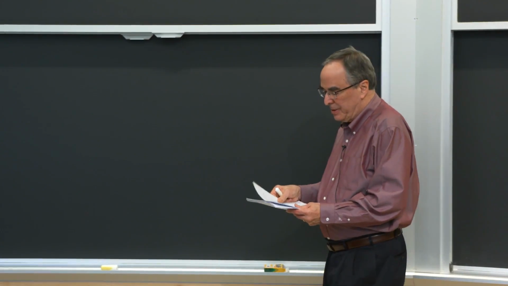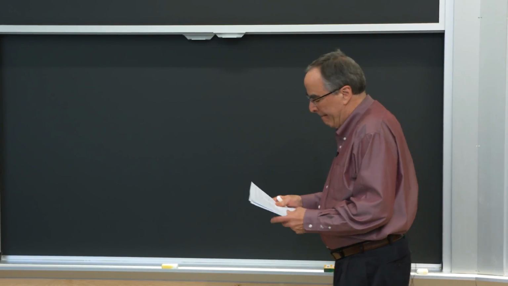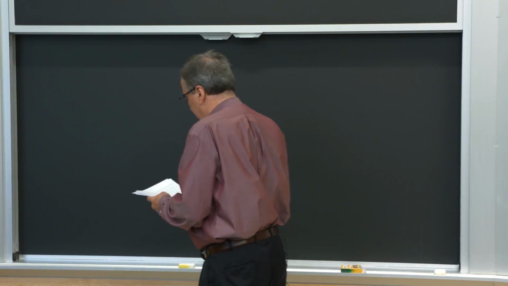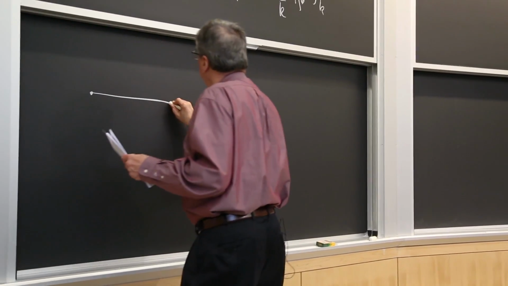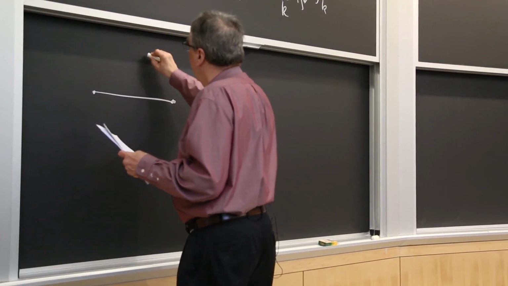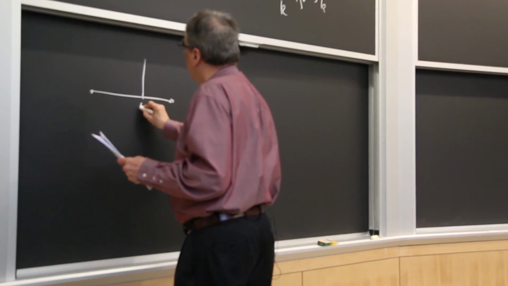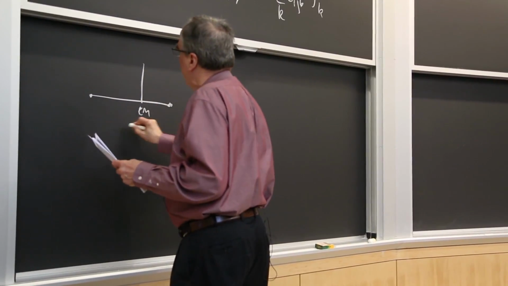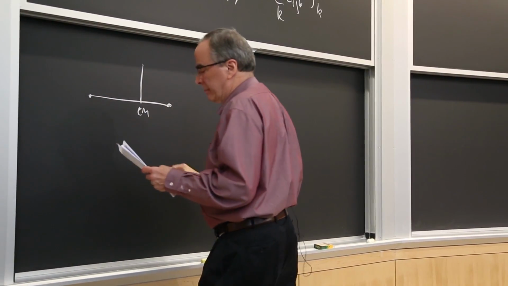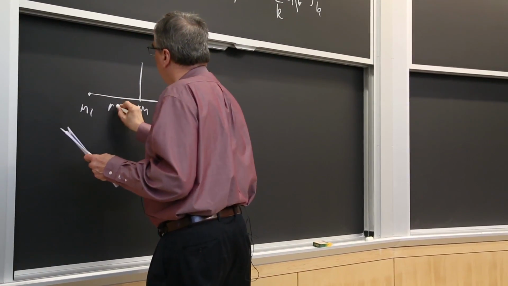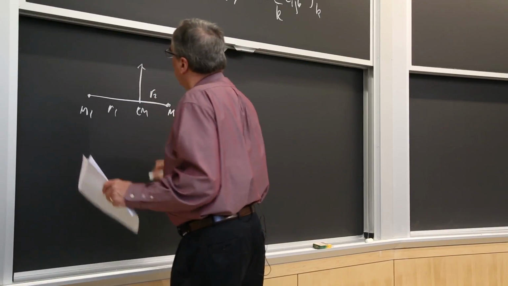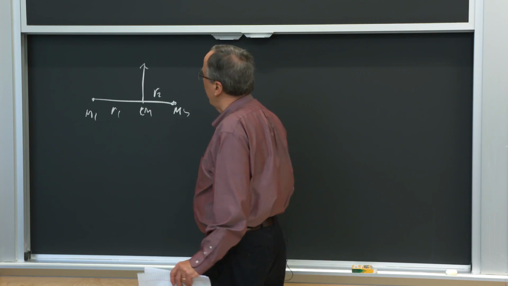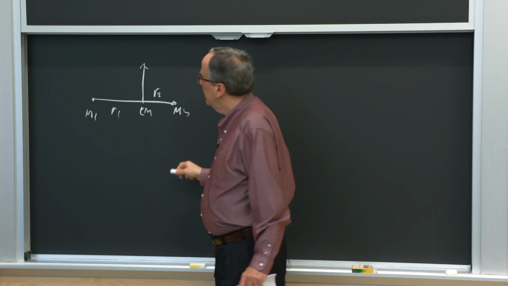Okay, let's get down to business. So I already drew this, but I'll draw it again, because I'm going to draw a companion. Okay, so we have here an angular momentum, and we have the bond axis.